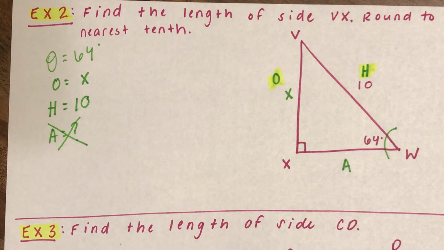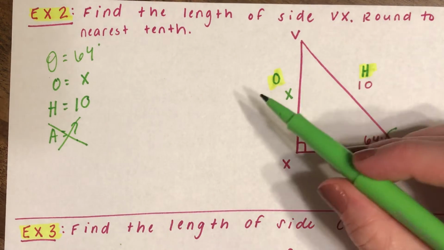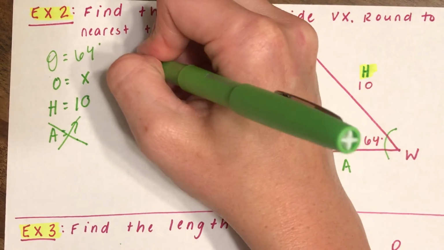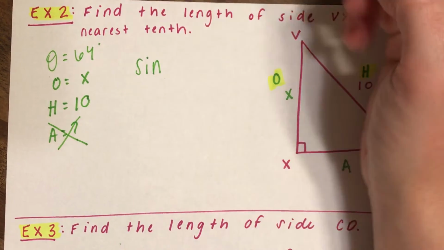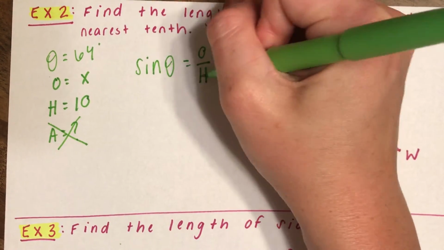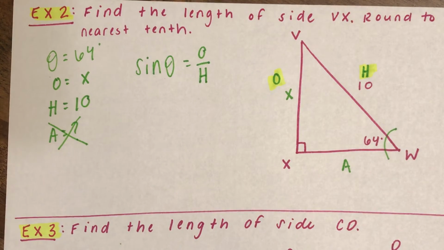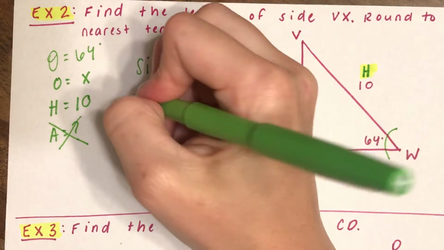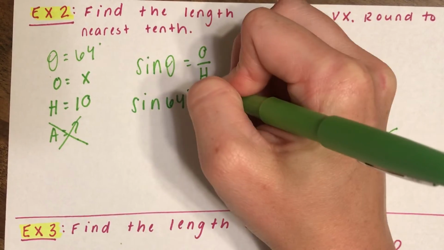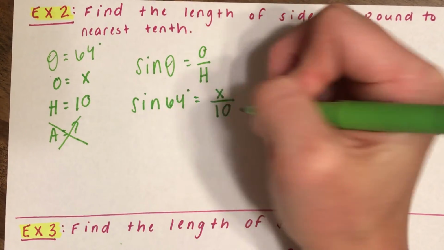Okay? All right, so question is, what trig ratio uses O and H? SOHCAHTOA, so I'm going to use sine. So setting up that equation, sine of theta equals O over H, and then I'm going to plug in what I know. So I'm going to plug in sine of 64 degrees equals x over 10.